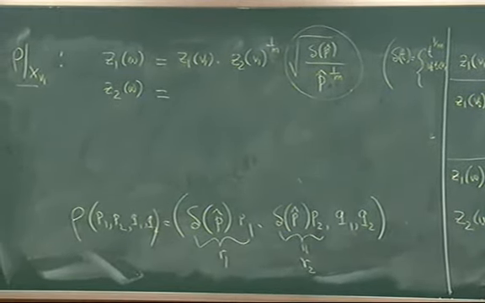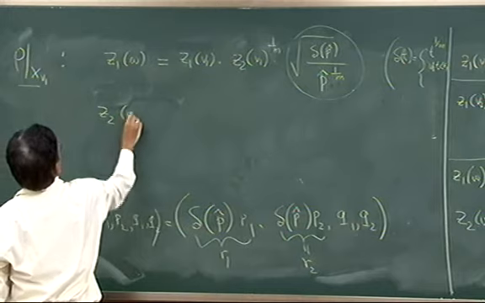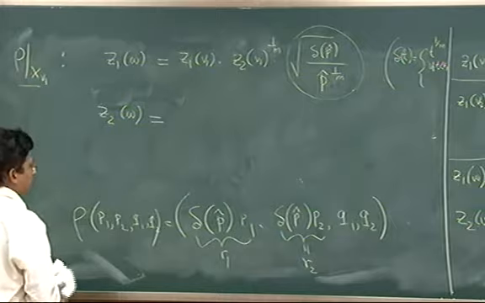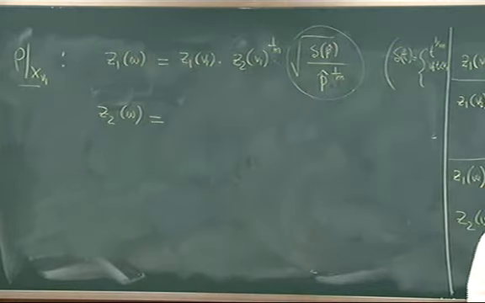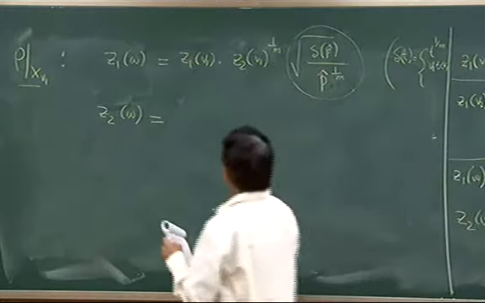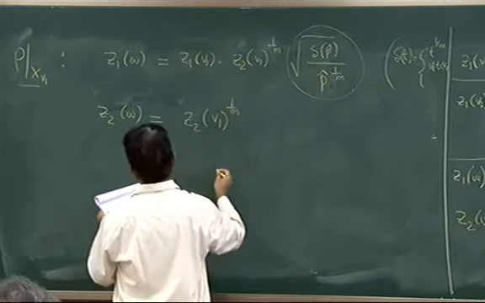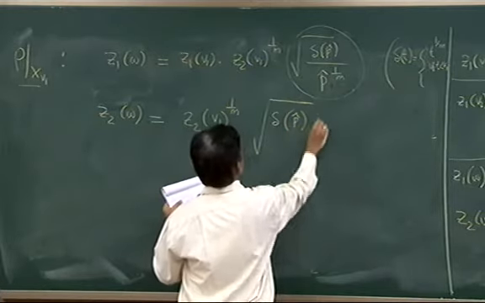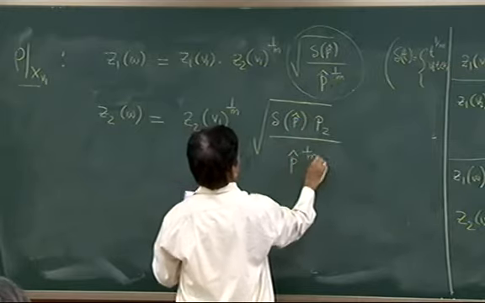Okay? And let me leave some gap. And similarly, let me write down the formula. This is Z2(V1) to the m by delta P hat P2 over P hat to the 1 over m.